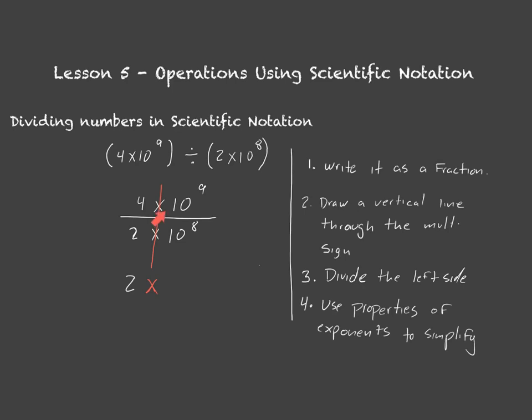That means right here we have 10 to the 9th power, and right here we have 10 to the 8th power. Using the properties from lesson 1, we're going to keep the same base of 10, but whenever you're dividing the exponents, you actually need to subtract them. So 9 minus 8 will give you 1, and that will be your answer.